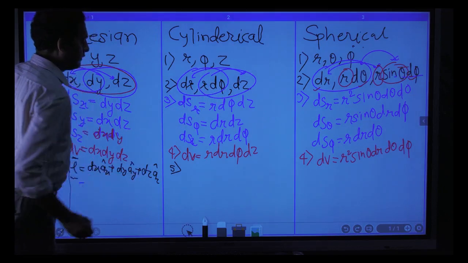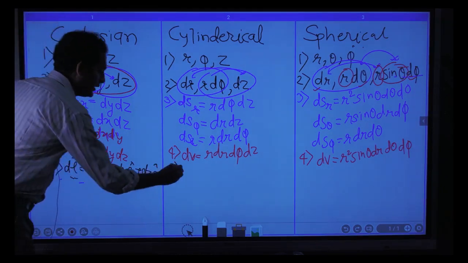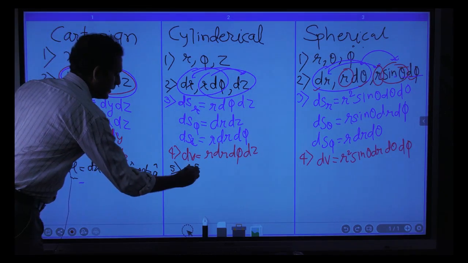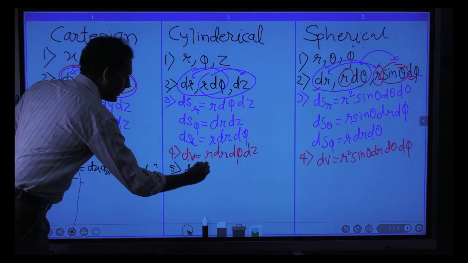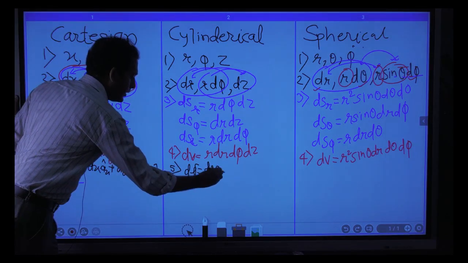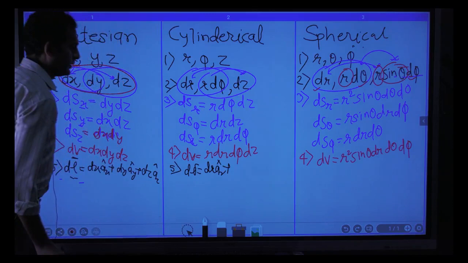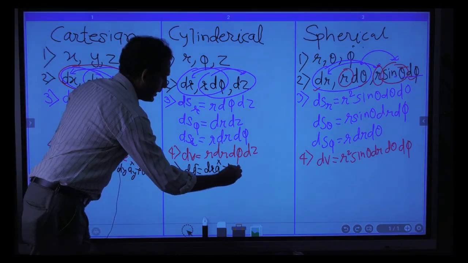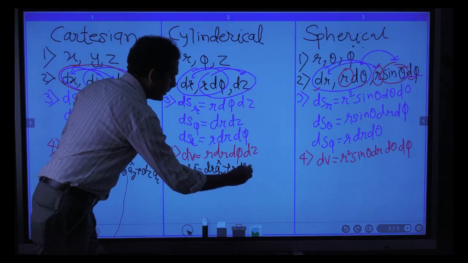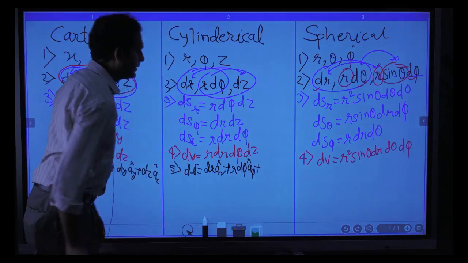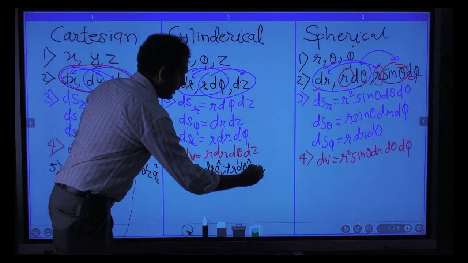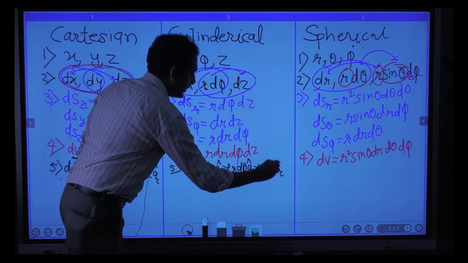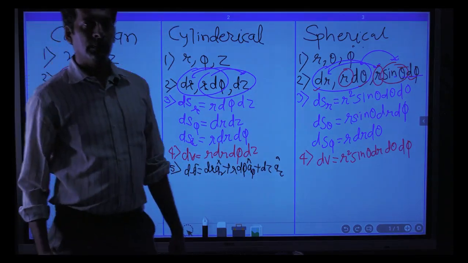Then here also we can find the fifth parameter. It will be the addition of these three. Differential length for cylindrical, dl will be equal to dr a_r cap plus r dφ a_φ cap plus dz a_z cap.